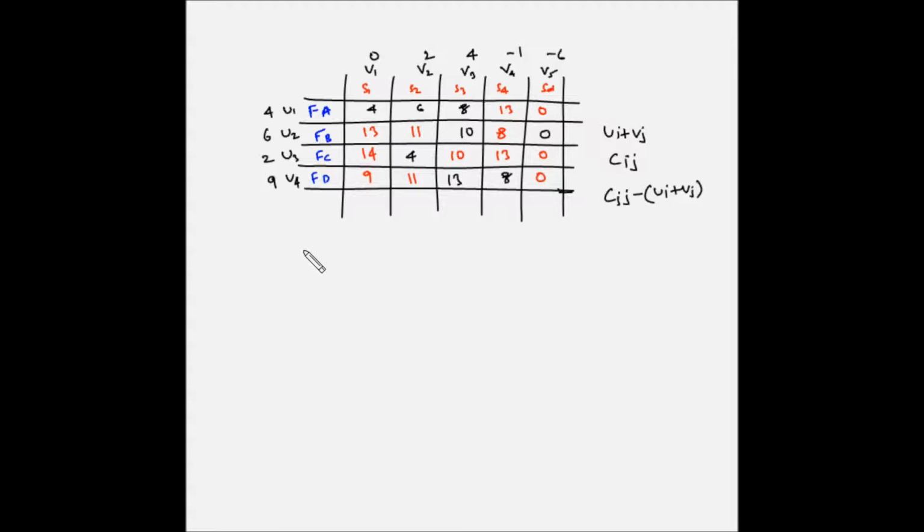So let us find out the value of cij minus (ui plus vj) for each of the water squares. So let me create a table for ease of calculation: water squares, then cij minus (ui plus vj), and then net cost change.